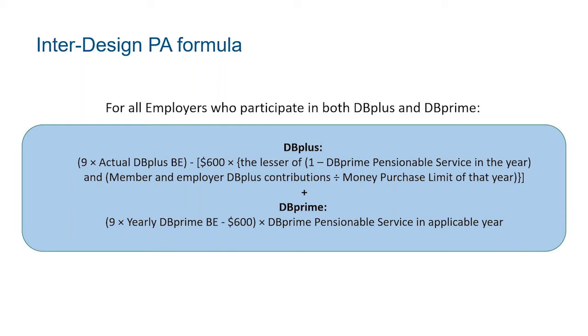As such, a sort of check is added to the DB Plus portion of the formula to ensure that if the total DB Plus and DB Prime PA offsets exceed $600, the DB Plus PA offset will be reduced to render the total DB Plus and DB Prime PA offset equal to $600.